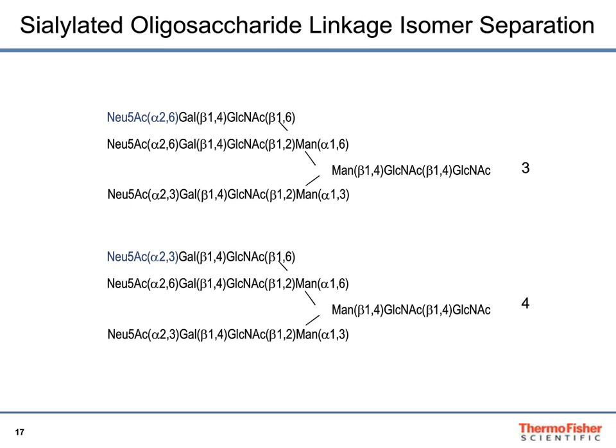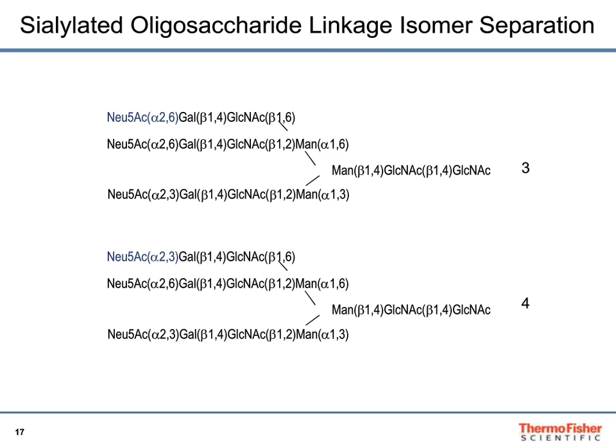On the top structure, the sialic acid, or N-acetylneuraminic acid, is linked alpha-2,6, and in the bottom, that's linked alpha-2,3. So these are what we call linkage isomers, and we are able to separate both of those with this column, and we are also able to separate those with the PA1 column.